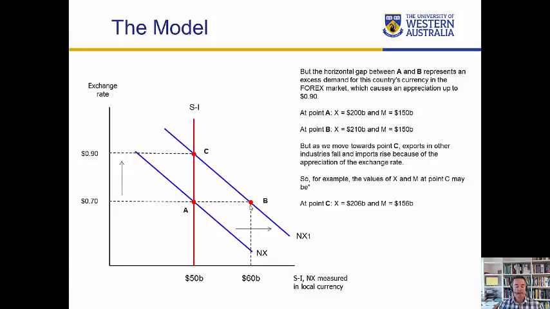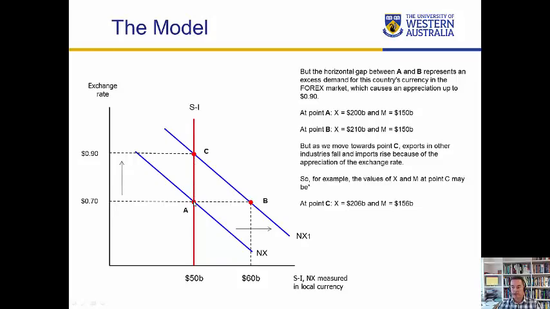In reality, what's going to happen is net exports will go up, the exchange rate will begin rising almost instantly, and so in reality the economy will move from A up to C very quickly.